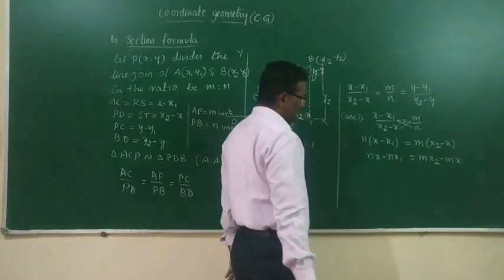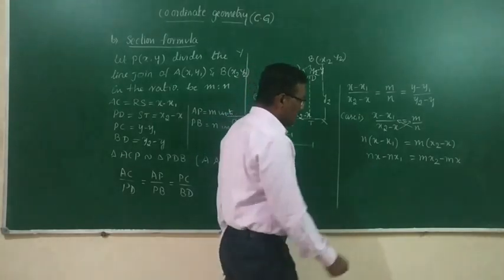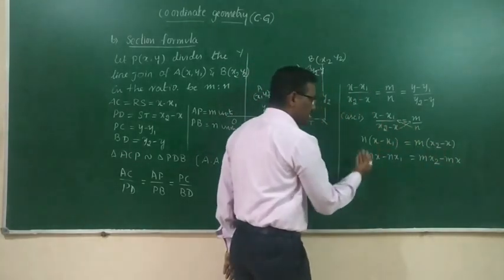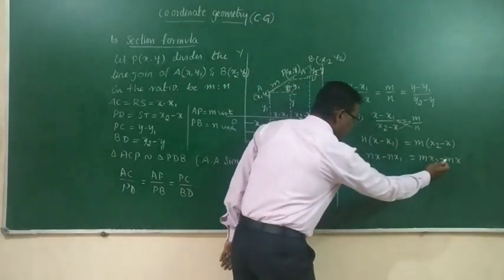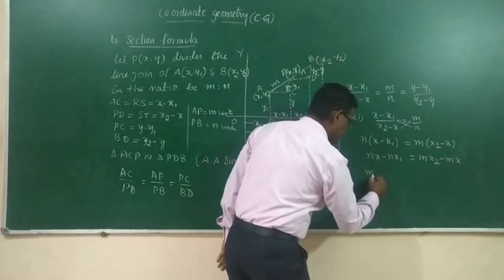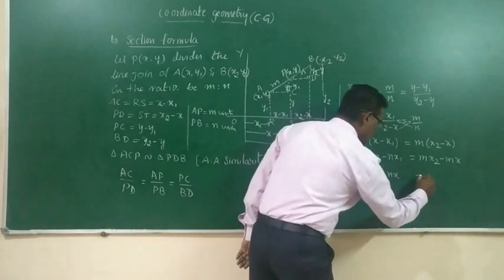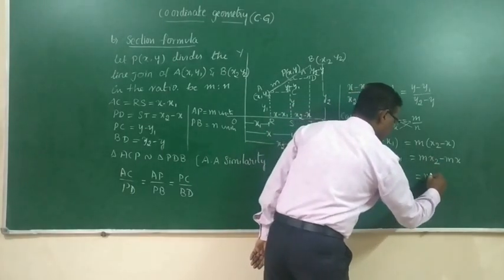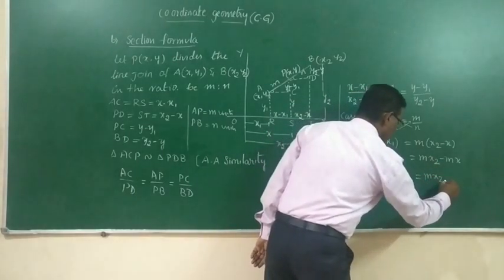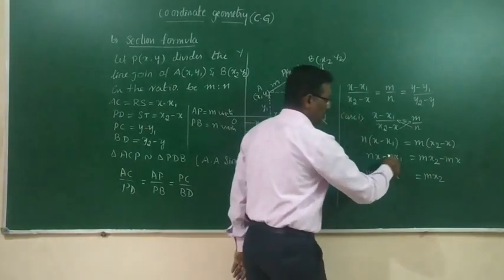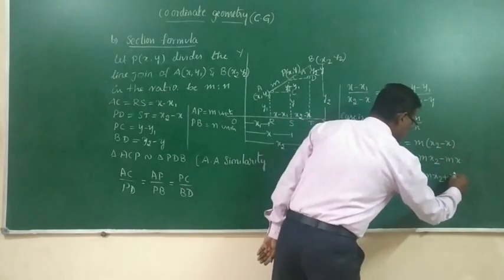We have to write the x terms on one side. By transposing minus mx here, it becomes plus mx: mx plus nx on one side, equal to mx2 in the RHS, and by transposing minus nx1 it becomes plus nx1.